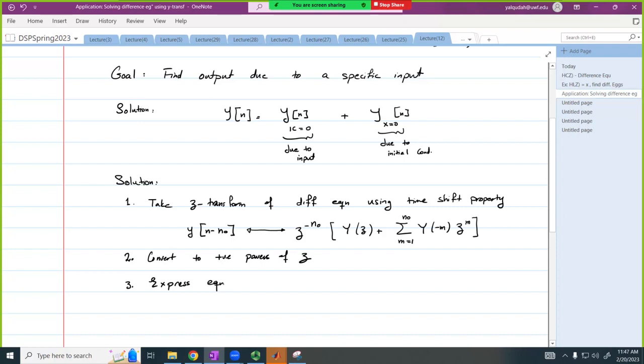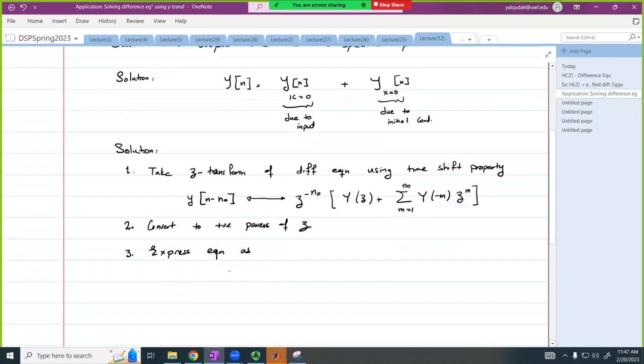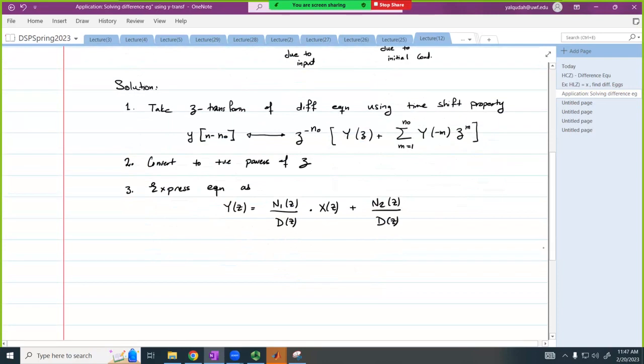the equation as Y of z equal N1 of z divided by D of z multiplied by X of z plus N2 of z divided by D of z. Now this is going to give me the two components of the output. This is when the initial conditions are equal to 0, and therefore this is going to equal H of z multiplied by X of z, and this is due to initial conditions.